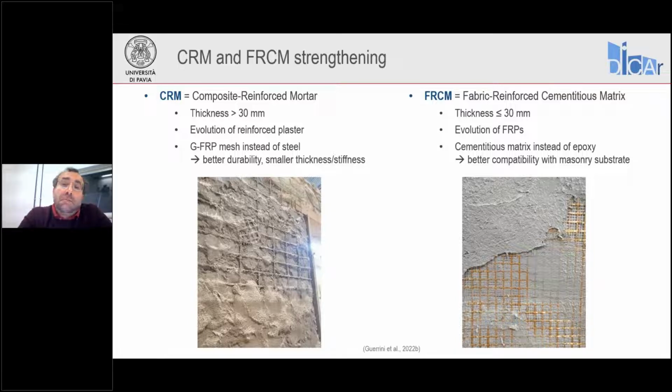Now, by replacing the polymeric matrix, the epoxy matrix, with cementitious or in some cases hydraulic lime mortar, we can achieve a better compatibility between the new and the old materials.